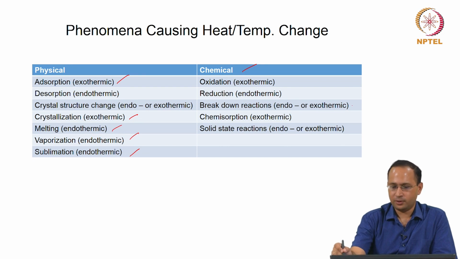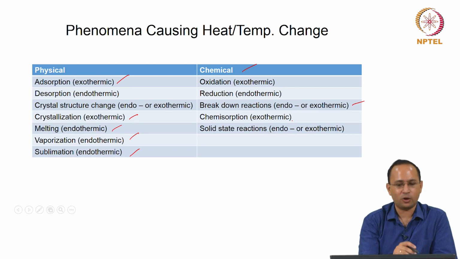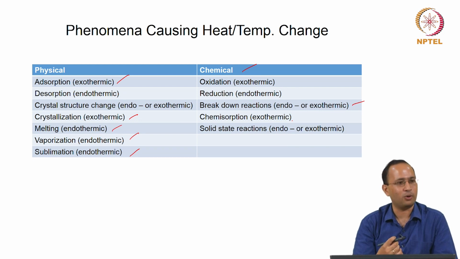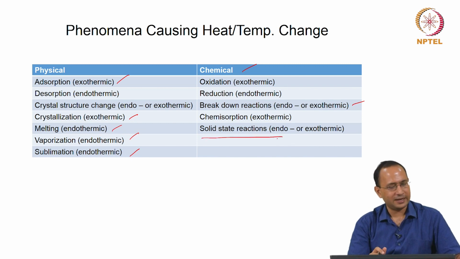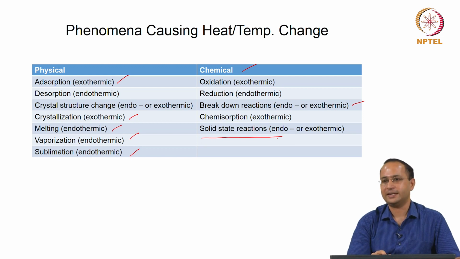Reduction, breakdown reaction. Chemisorption. Chemisorption is different from adsorption in the sense that you now have chemical bonds. Adsorption is not that strong, you do not have chemical bonds. Here you have some chemical bonds. Solid state reactions. These are some physical and chemical processes where you have some heat or temperature change.